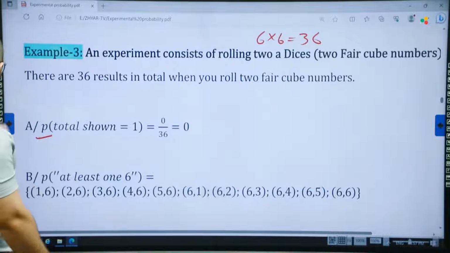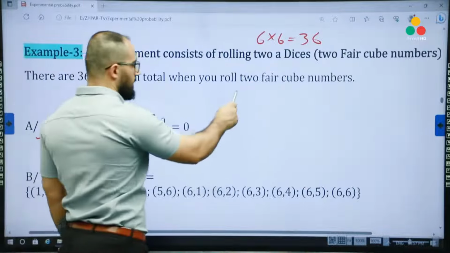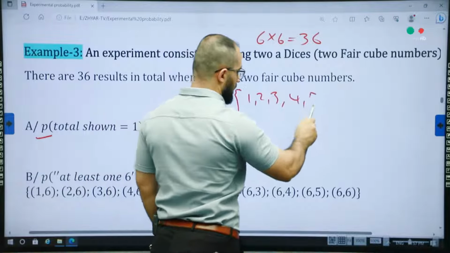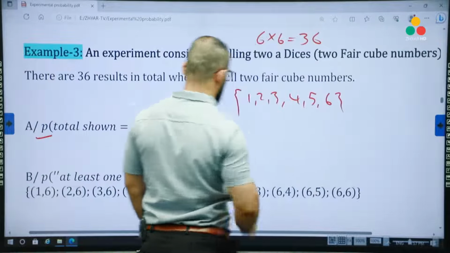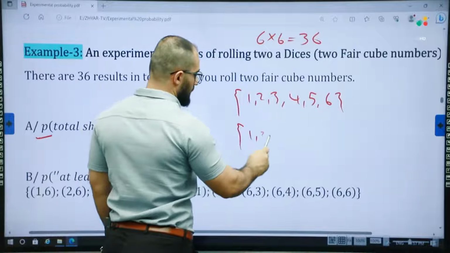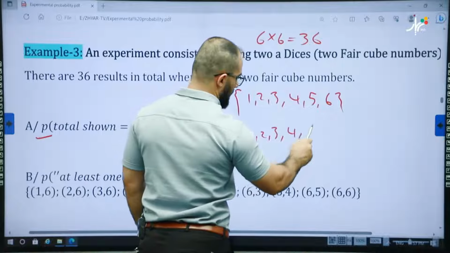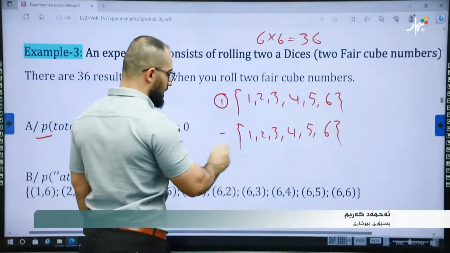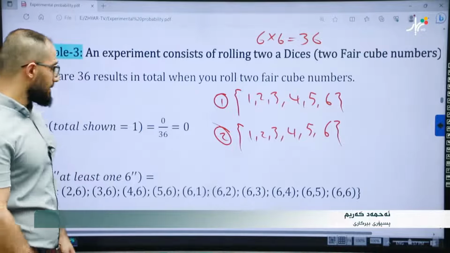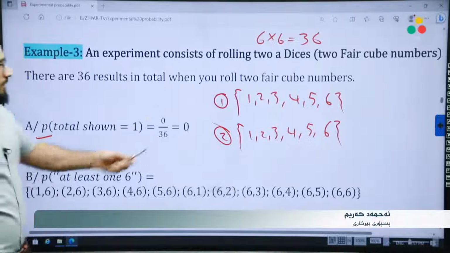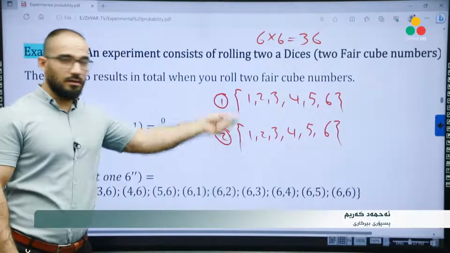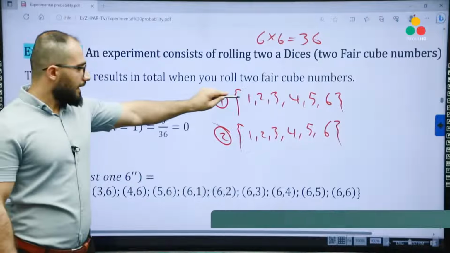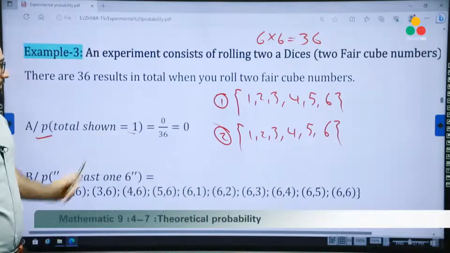It means, let me explain it. This is the first dice: 1, 2, 3, 4, 5, 6. Again, you have 1, 2, 3, 4, 5, 6. This is the first dice, and this is the second one. Between these 2 sets of numbers, can you add 2 numbers and get 1?